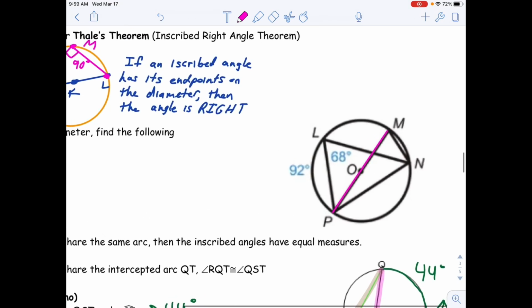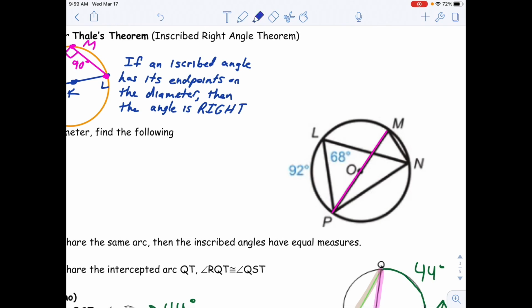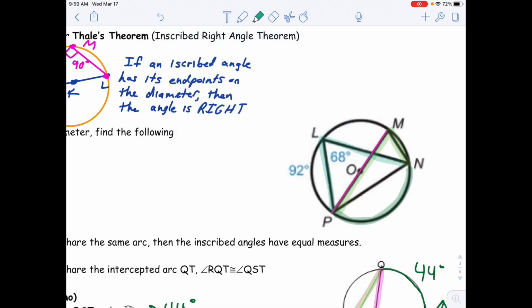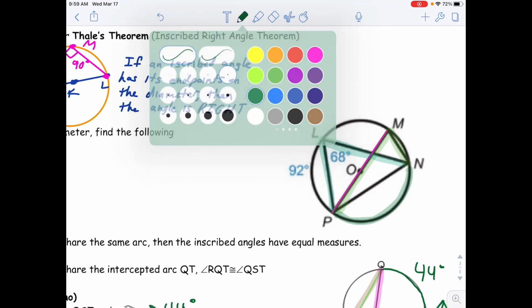All right. Which, this has nothing to do with the diameter. PMN is going to relate to this arc measure here. But hold up. If we investigate further, we say that this angle shares the same intercepted arc.